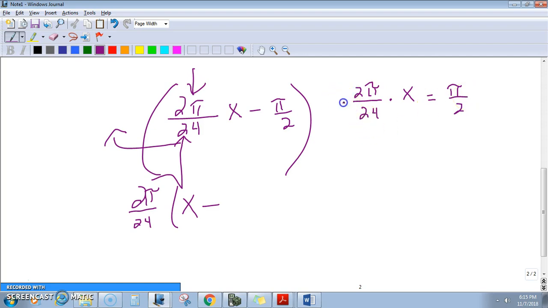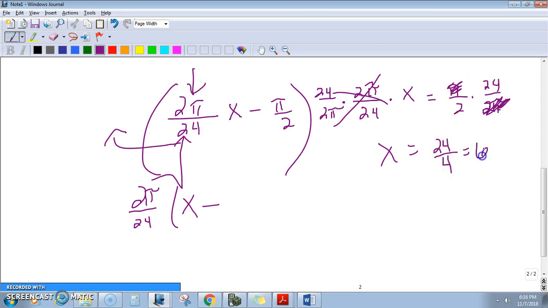So in order to solve this, all I have to do is flip this over, multiply it by 24 over 2 pi, the same on both sides. And this cancels, and we get x is equal to, so here my pi's cancel, and then we get 24 over 4, which is equal to 6.